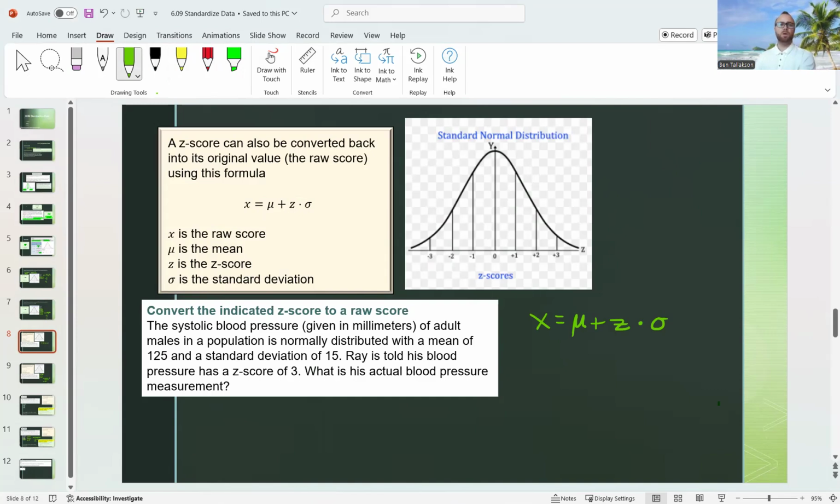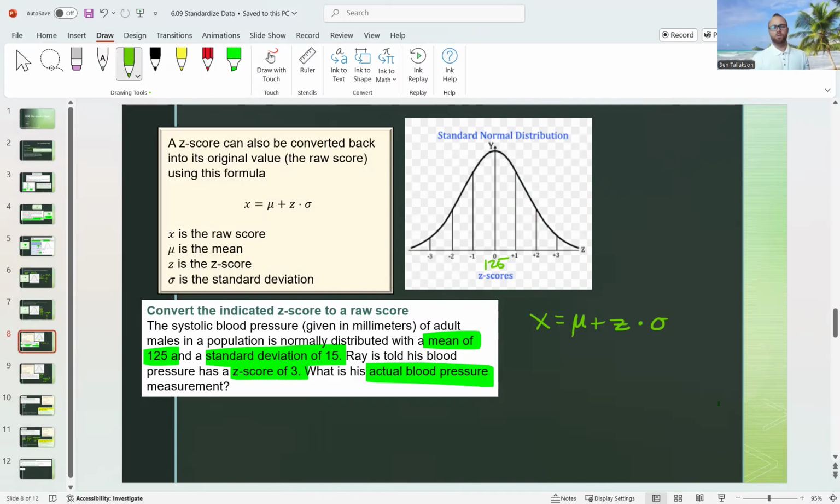The systolic blood pressure given in millimeters of adult males in a population is normally distributed, so we can use this diagram to help us, with a mean of 125. Might as well label it here. Okay. And a standard deviation of 15. Ray is told his blood pressure has a z-score of 3. What's his actual blood pressure?